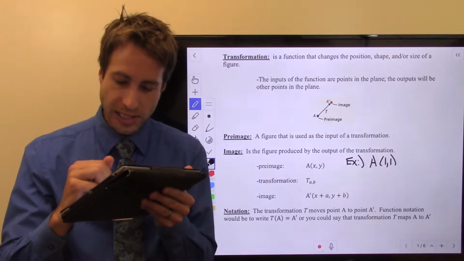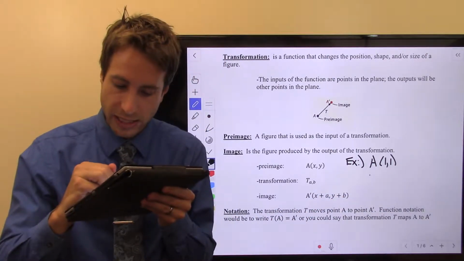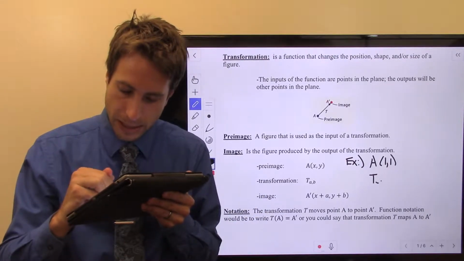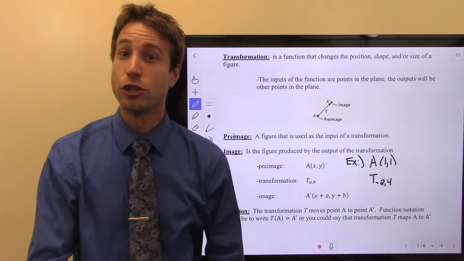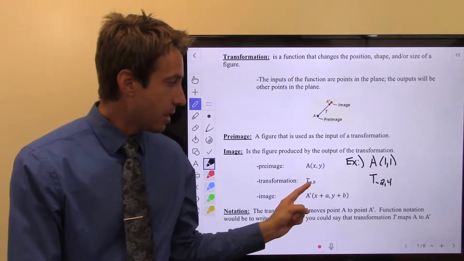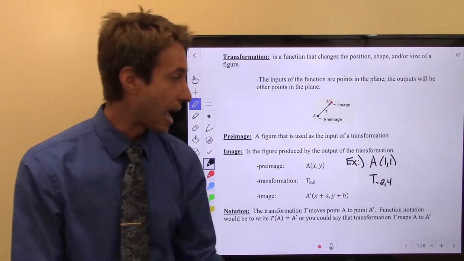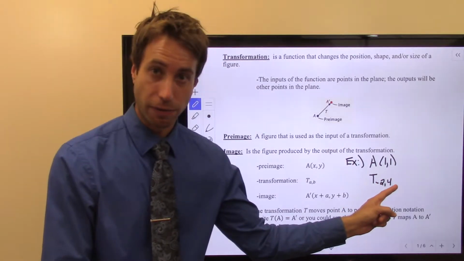So let's say, for the case of my example problem, our transformation is T, and it's going to be minus 2, comma 4. A applies to the x value, B applies to the y value. So I have an x and a y. My transformation is negative 2, 4.